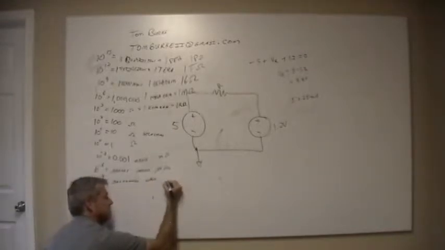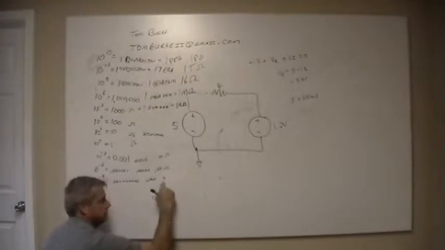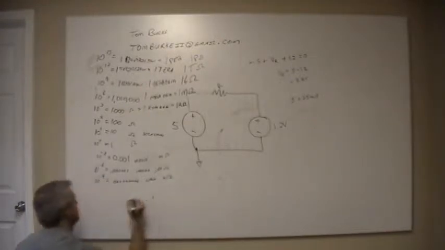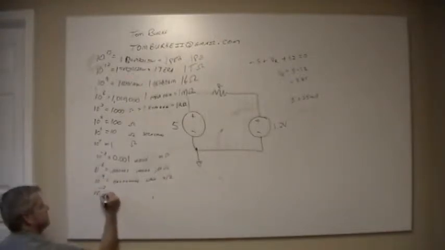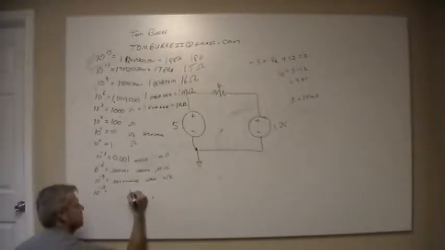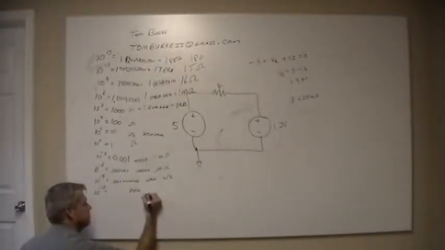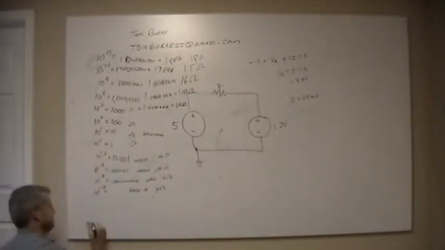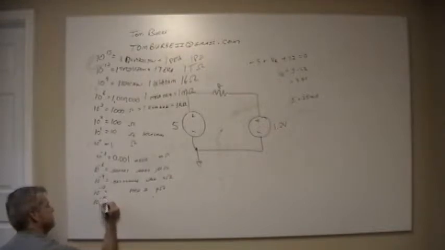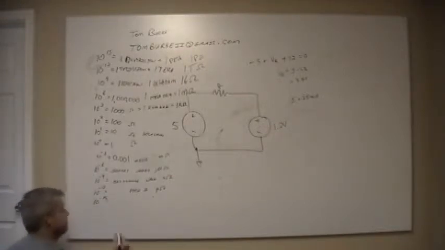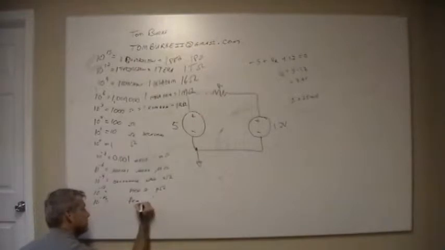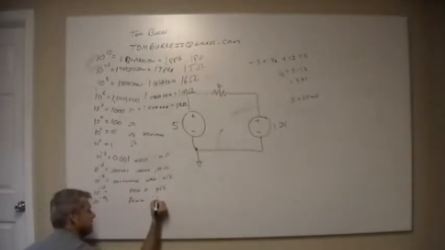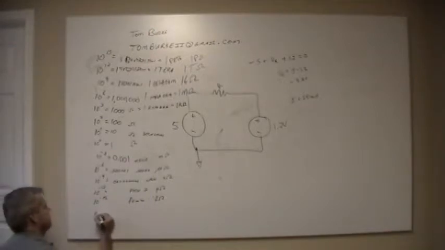Nano, lowercase, nano ohm. 10 to the minus 12th: milli, micro, nano, pico ohm, and this is a small p as opposed to that capital P up there. 10 to the minus 15th: milli, micro, nano, pico, femto, a lowercase f, femto ohm. And 10 to the minus 18th is as far as I'll go.